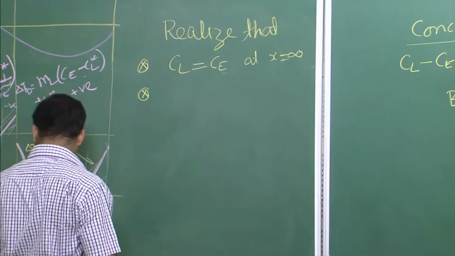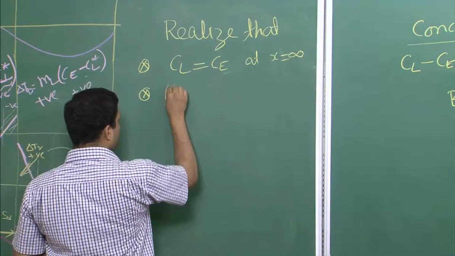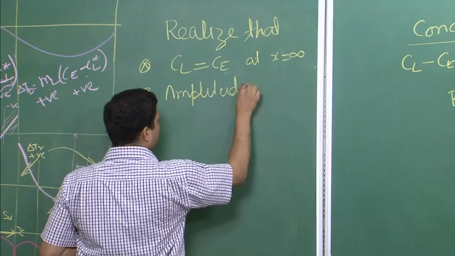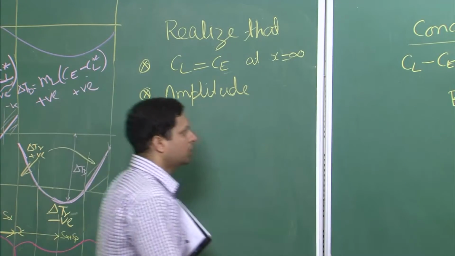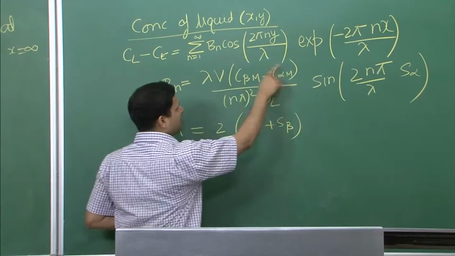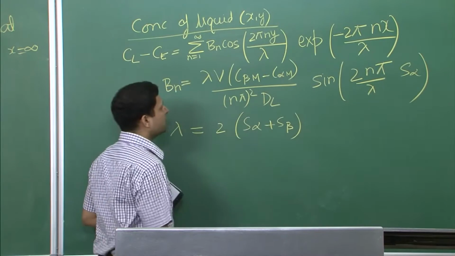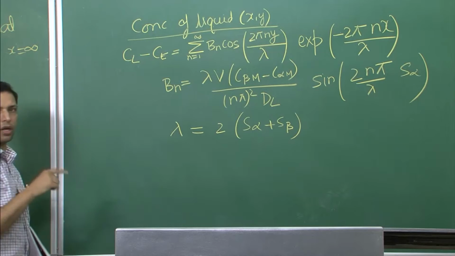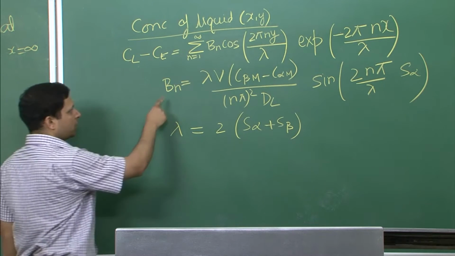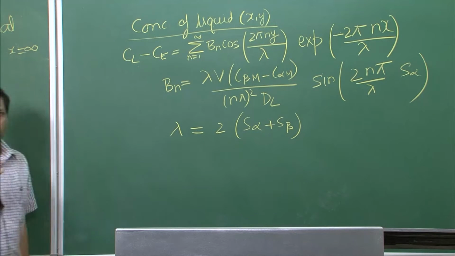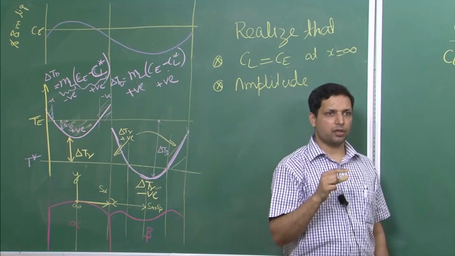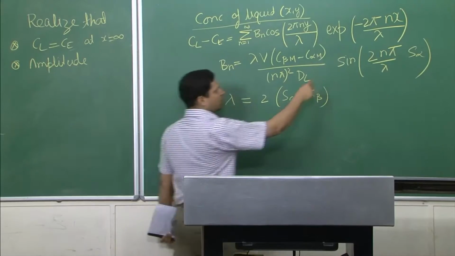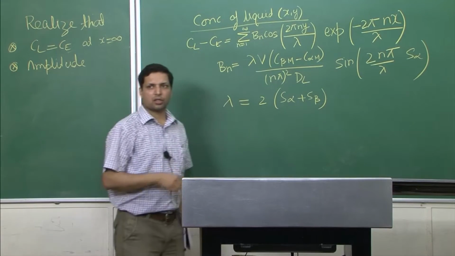Another fact that you must be aware of is the amplitude that we are looking at. You see there is concentration variation in the y direction and concentration variation in the x direction, and the overall amplitude that is changing is this term Bn. This amplitude variation in concentration is a very, very small quantity, while the variation in the x direction is a very large quantity.